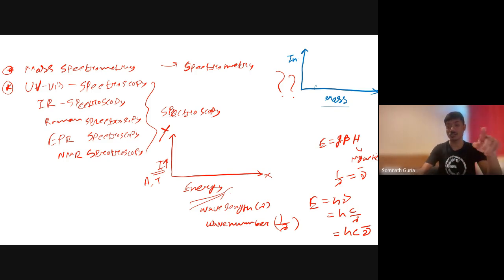One is parallel to my applied magnetic field, and the other is opposite to my applied magnetic field. Depending on that, we can say this is plus half and this is minus half. Coming to that, let's suppose we start with NMR.